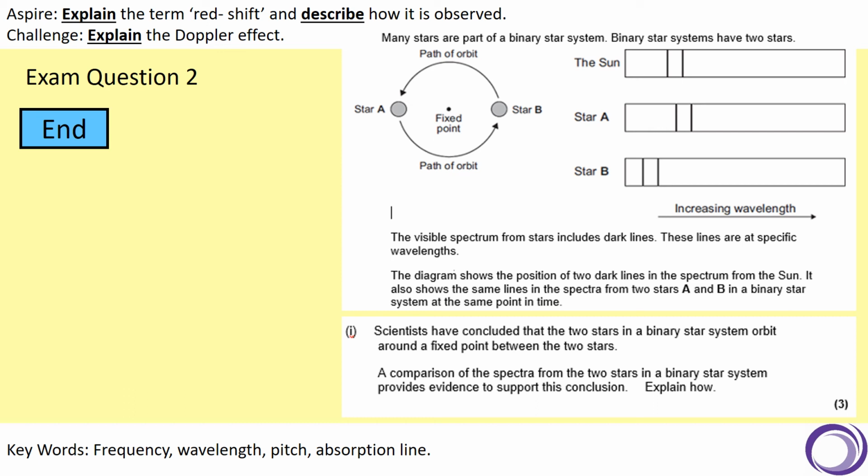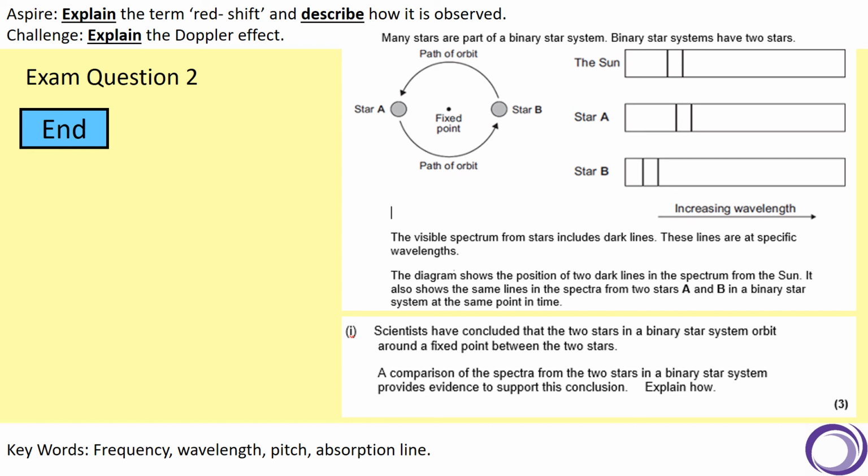If you were looking at those stars as they are on the picture, you wouldn't see any red or blue shift at all. You wouldn't see any evidence of the Doppler effect, and that's because they're going around in a circle. You'd have to be looking at them edge on, so that one of them is going towards you and one of them is going away from you at any point. So not from above like it is there, but edge on.